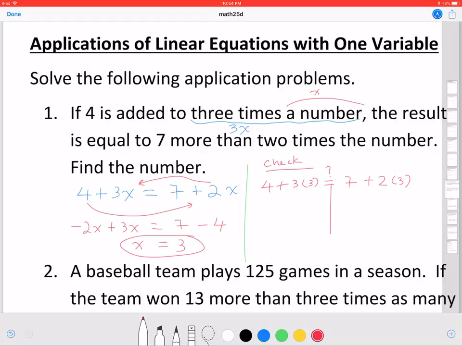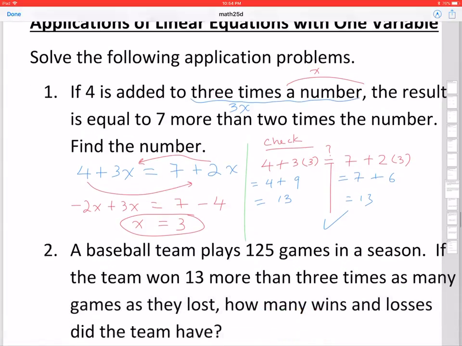Well, let's go one at a time. So this left hand side is equal to 4 plus 9, which is equal to 13. Does that equal what we have? 7 plus 6, that's equal to 13, and that checks out. So x equal to 3 is indeed the solution for this problem.